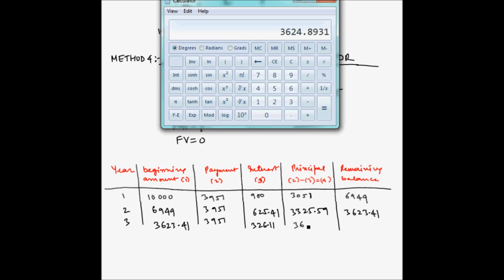It is coming to a slightly higher amount, but that is because of the rounding off error somewhere. So this ideally should be 3623.41, and then the beginning amount minus the principal that we have paid as part of the installment of the third year, the remaining balance will become 0.